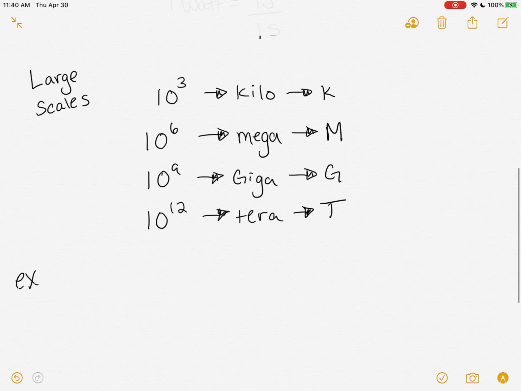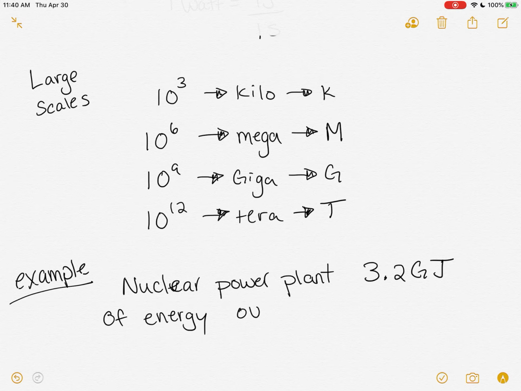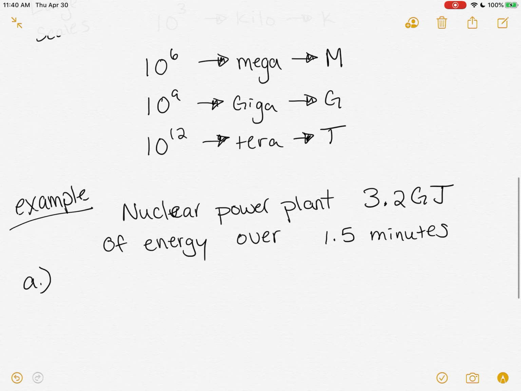Okay, so we're going to do an example with power. So an example here. We have this nuclear power plant that supplies 3.2 gigajoules of energy over 1.5 minutes. So we want to do a couple of things with this. We want the power of the plant in watts.